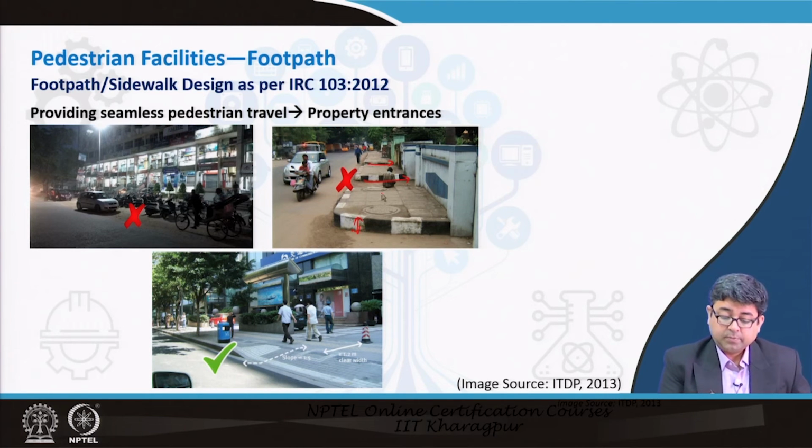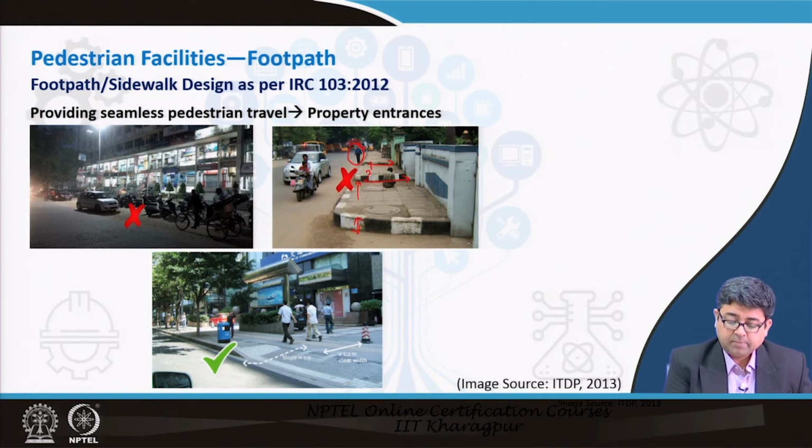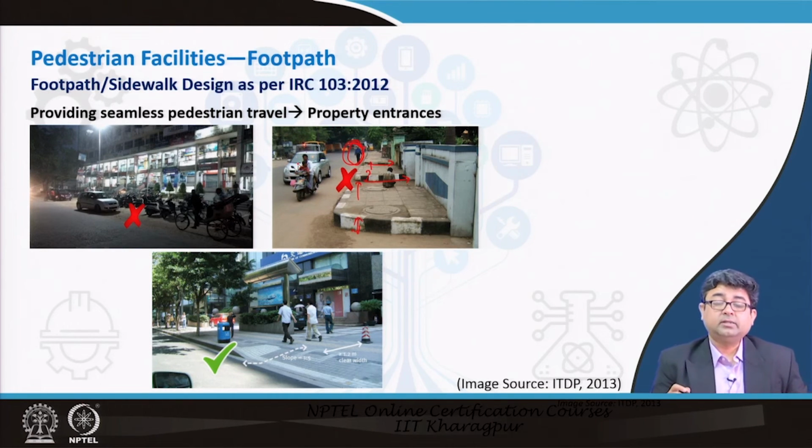So, you would often see that you would end up with such a situation where people are walking alongside the sidewalk, because this is an uncomfortable situation where the pedestrian has to get down, again get up, again get down and get up. There are so many breaks in the sidewalks that the pedestrian decides that I might as well just walk alongside the sidewalk and not use it at all. So, such kind of design should be avoided.